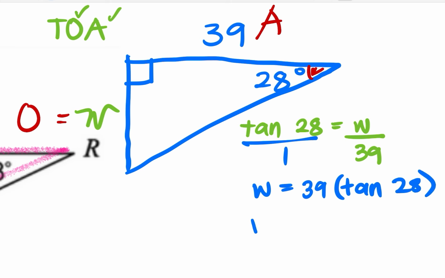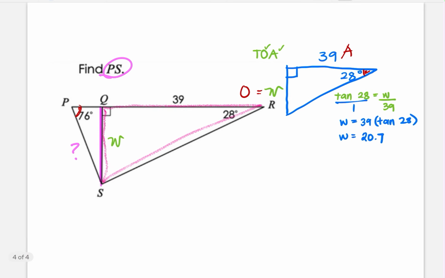So I need to put this in a calculator. 39 times tangent 28, and that should give me 20.7 if I'm to use tenths place. So then therefore, this side is 20.7.